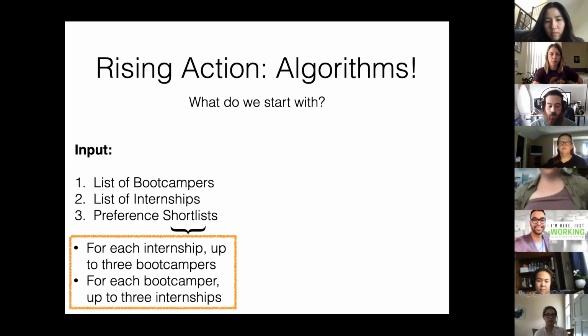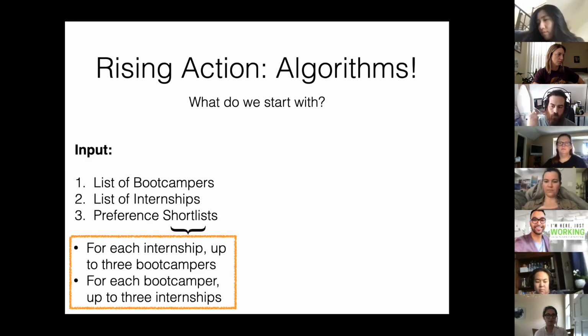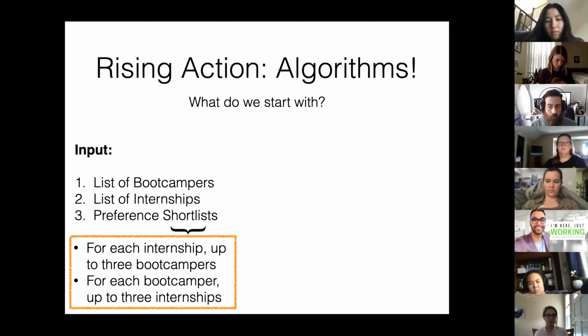For each internship, each company is going to be allowed to say, okay, of the boot campers that I interviewed, I'm going to put down 3. And those boot campers, I would be happy to come do my internship. And on the other side, for the boot campers, the same thing. For each internship that I interviewed for, I'm going to put down 3, and I would be cool with going to do those internships.